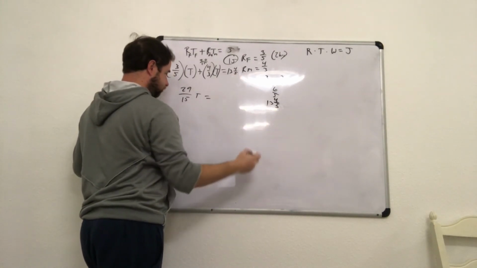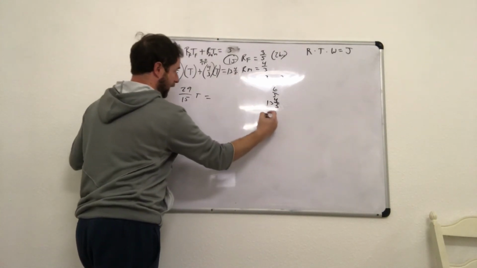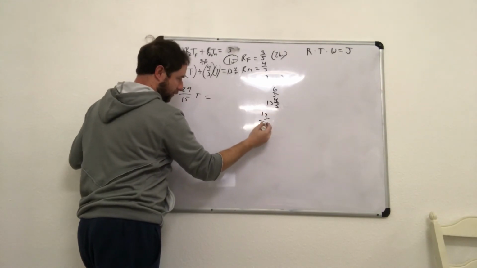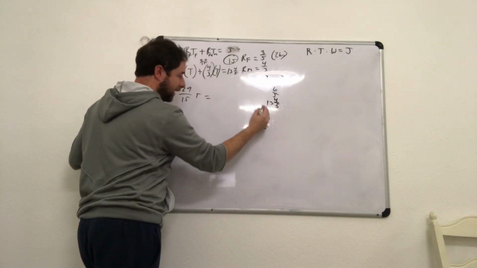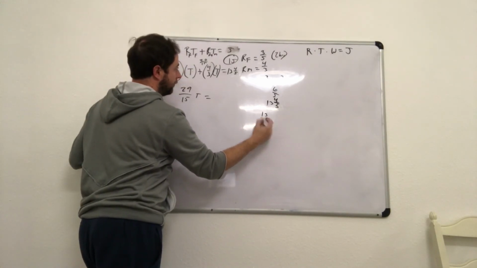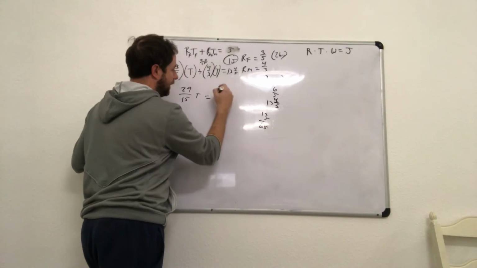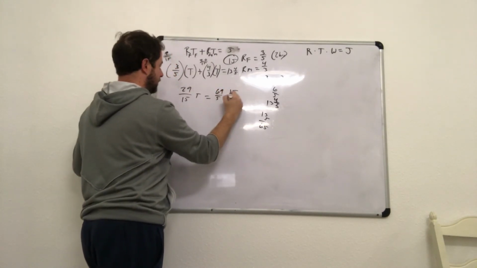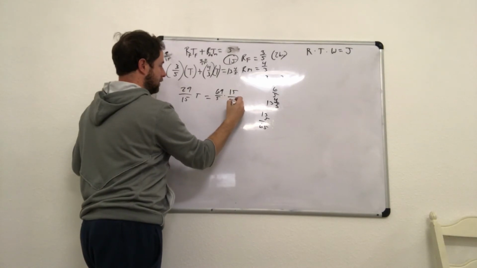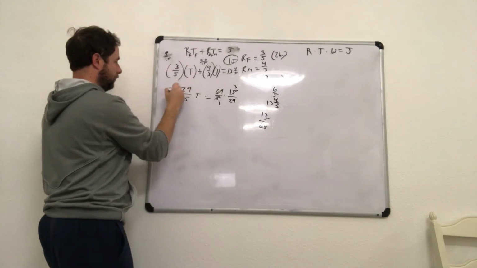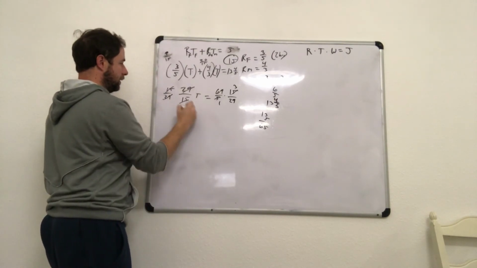So you got to go to an improper fraction here. 13 times 5 is 65, plus 4, 69 fifths. You're going to flip this one, bring it to the other side. So you flipped this and brought it to the other side.